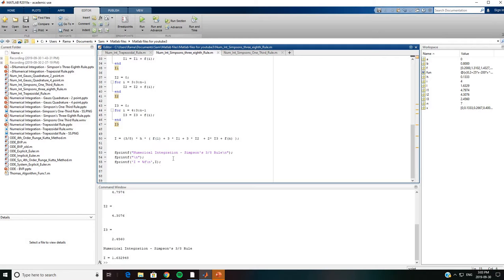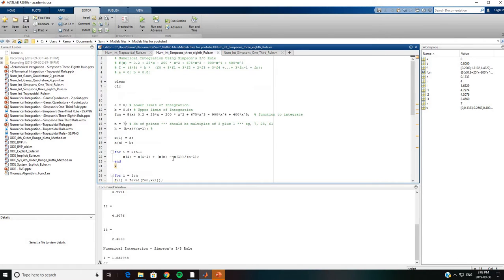So we will now change the number of points from 7 to say 28, which is a multiple of 3 plus 1, and rerun this case. In this case we obtain a value of 1.6405, which is close.